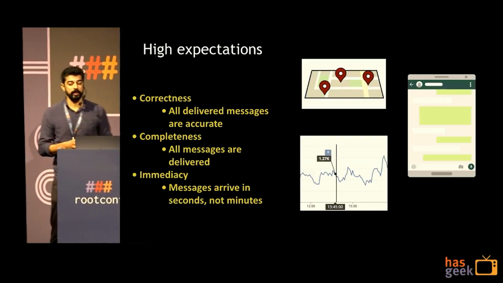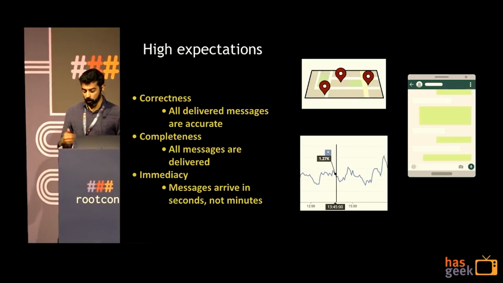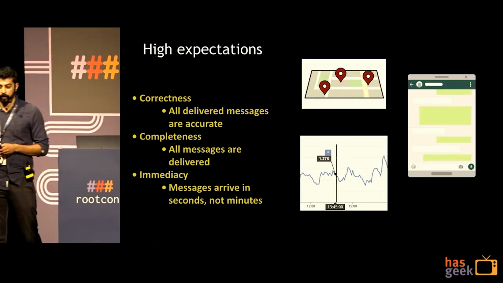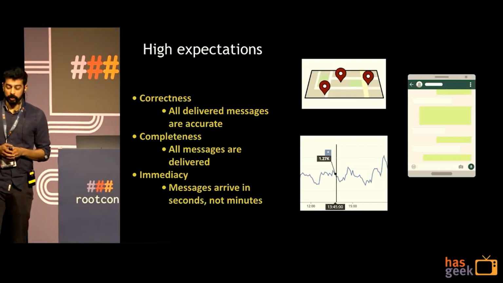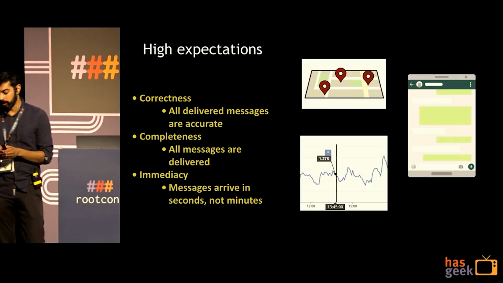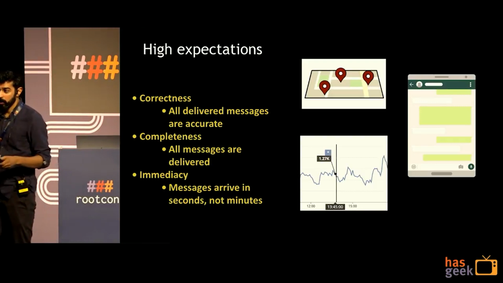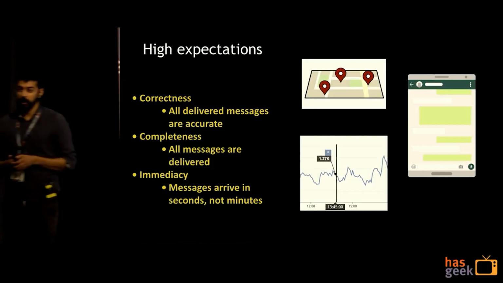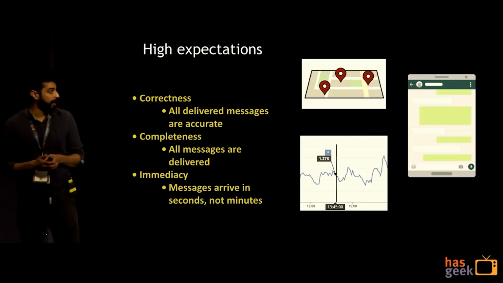The first is correctness. We want to ensure that all delivered messages are accurate and what comes out on the other side of the pipe is the same as what we put into one side of the pipe. We want completeness. We want to be able to see the entire window of history of our messages, and we want to know that when we're absorbing a certain view of the data, that view is complete and doesn't have any missing gaps.